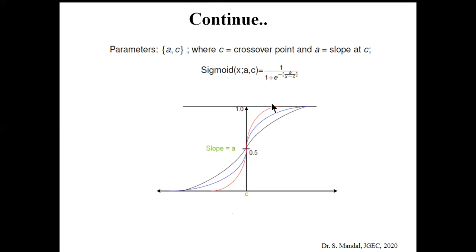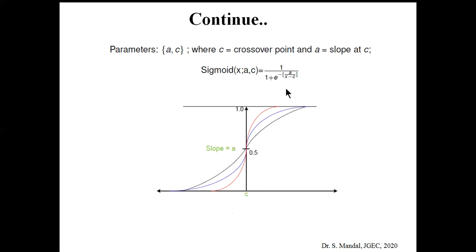Okay, and another one is the sigmoid function. The sigmoid function has two parameters, so c is the crossover point and a is the slope. By controlling c and a, the slope can be changed, and the sigmoid function can be given by 1 by 1 plus e to the power minus a times x minus c.